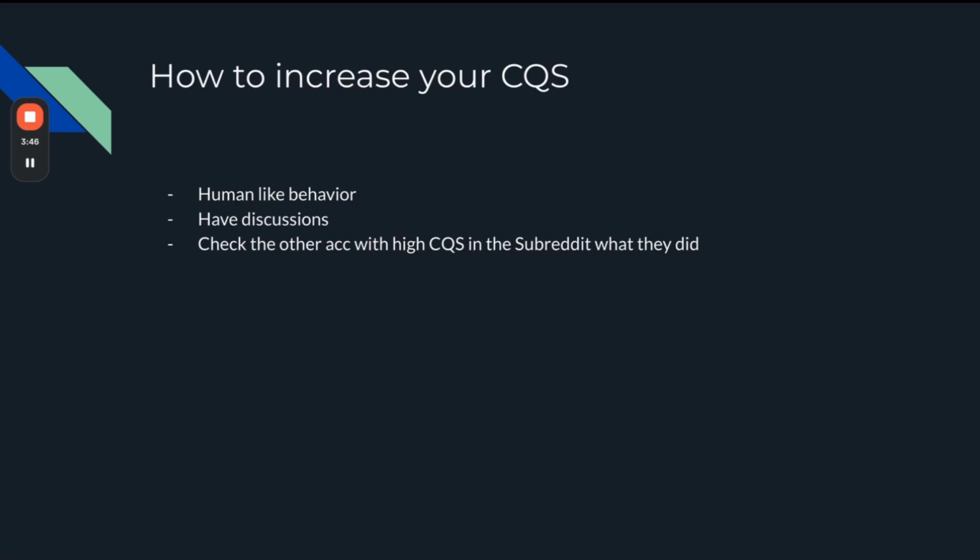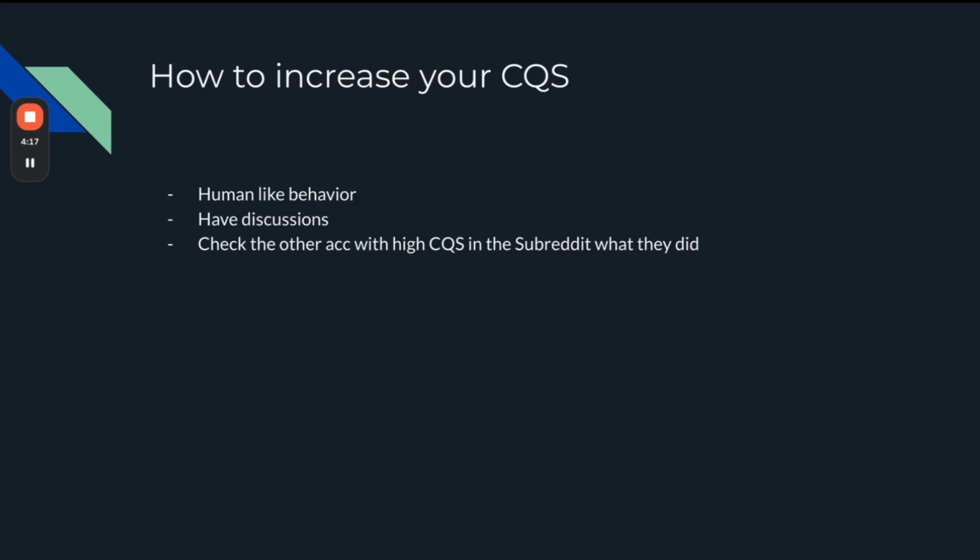You need to understand that those people are all geeks there, and they literally discuss sometimes for 30, 40 messages in a row on one post. And this is what we at the end of the day try to get. And this will also increase our CQS if we have real conversations in comment sections, if we actually beef ourselves with other people. There's so much you can do with that. It's more about getting this human-like behavior into your account.